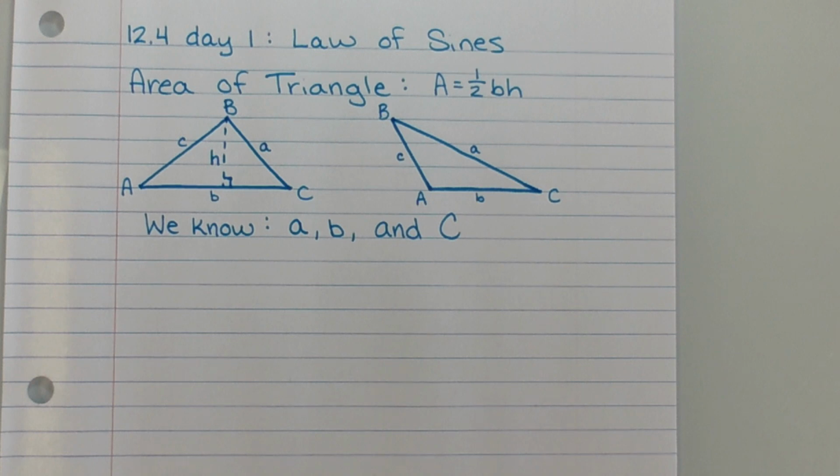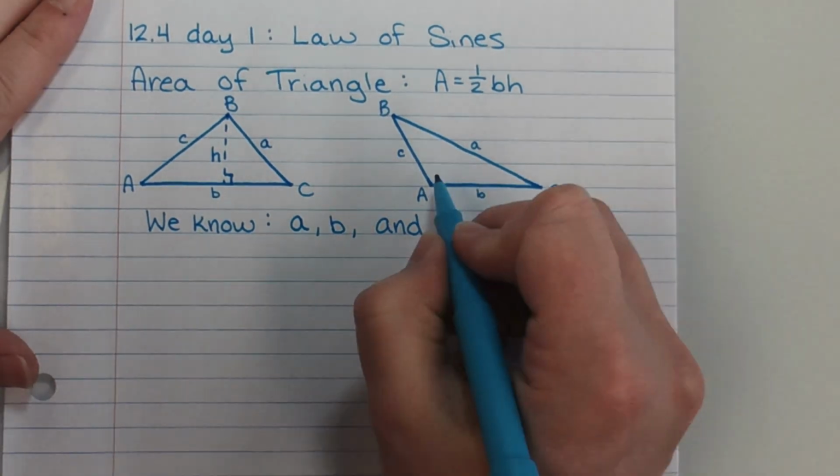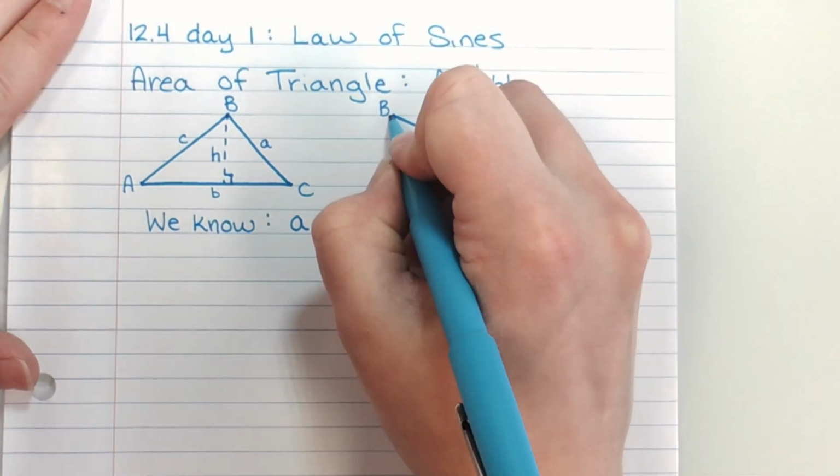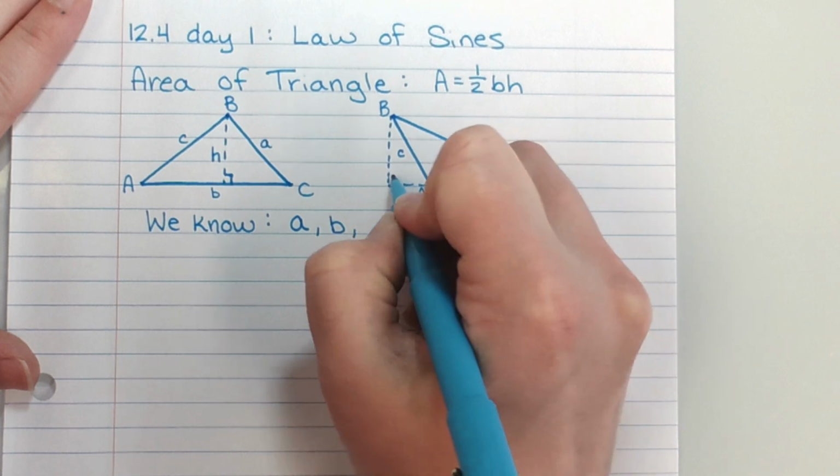In fact, the only way that I have both the base and the height of a triangle with knowing 2 side lengths of it is if it's a right triangle in the first place. But as I mentioned earlier, we're trying to move away from right triangles. Now in this triangle, if I count this as my base, the height is hanging out here.